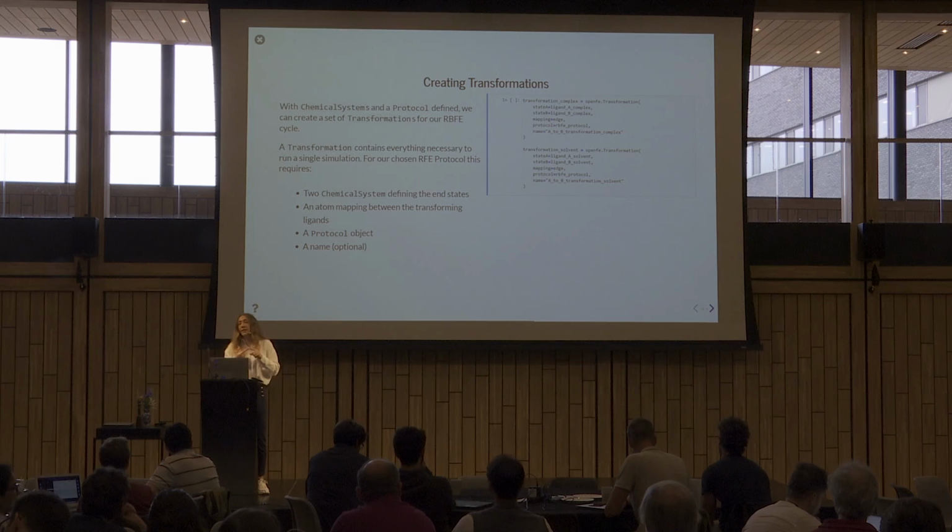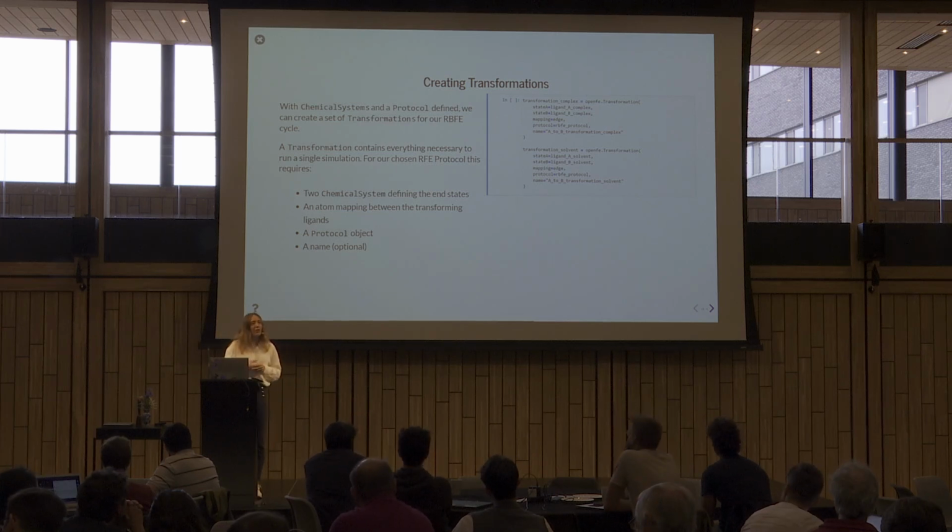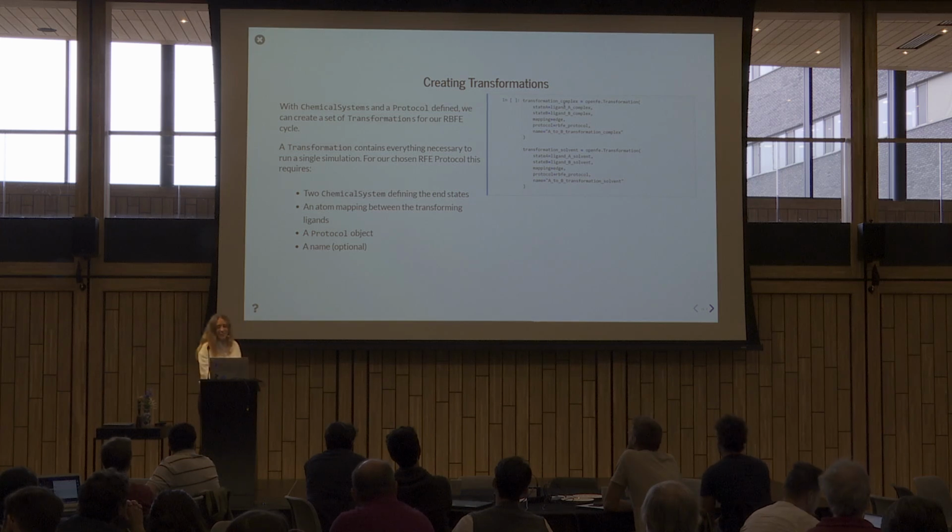They take in the atom mapping that defines how we want to actually mutate the two ligands into each other, and they take in the protocol, and the protocol itself has all the relevant settings. You can also give it a name, if you don't want to confuse your file names, or if you want to know at the end what you actually simulated. And so this is what we're doing here.